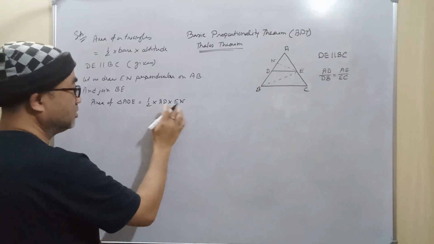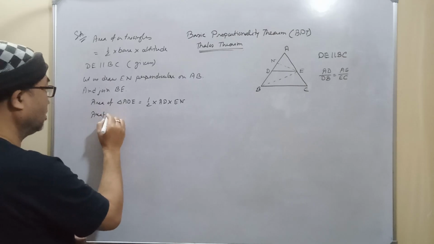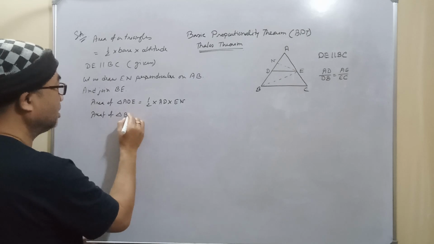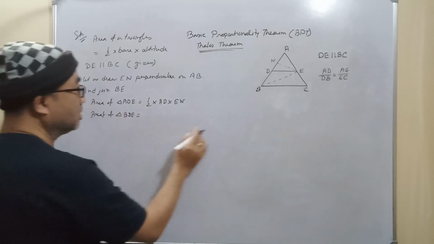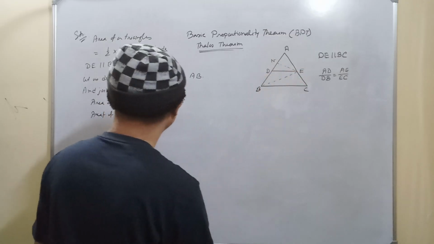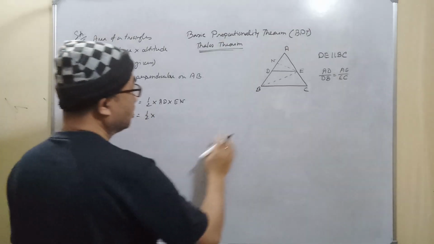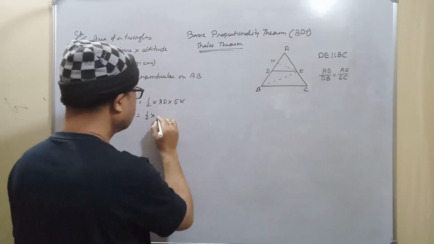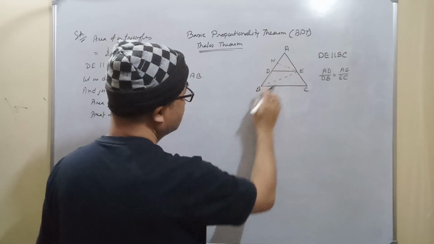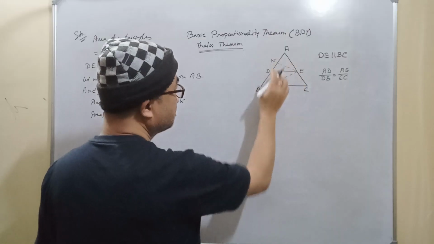Half of base into altitude. Area of triangle BDE. This is also a triangle, BDE. So what is the area of this triangle? Half. Let us take BD as the base. If BD is the base, what will be the altitude of this triangle? It is EN.